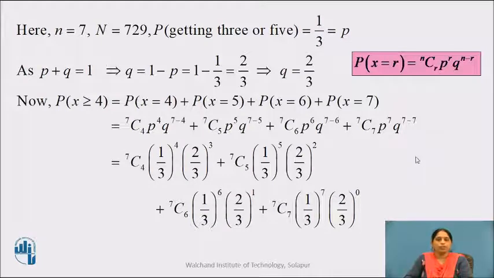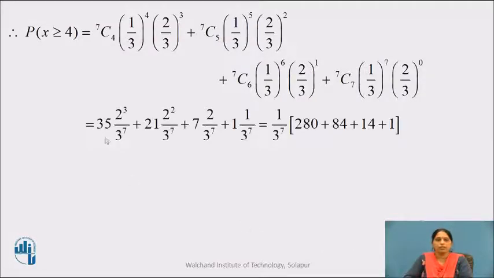Substituting the values of p and q, we can write it as 7C4 (1 by 3) raised to 4 into (2 by 3) raised to 3 plus 7C5 (1 by 3) raised to 5 into (2 by 3) raised to 2 plus 7C6 (1 by 3) raised to 6 into (2 by 3) raised to 1 plus 7C7 (1 by 3) raised to 7 into (2 by 3) raised to 0.